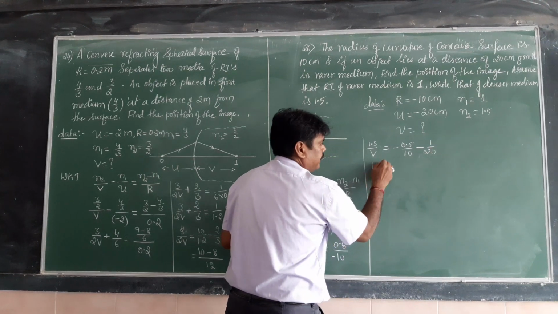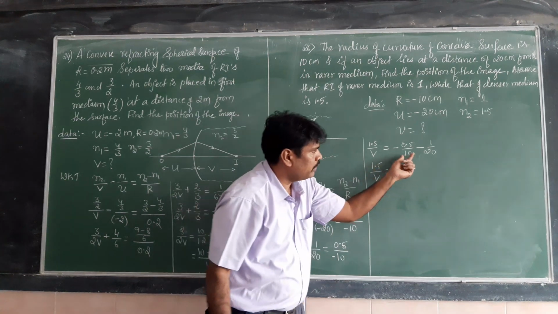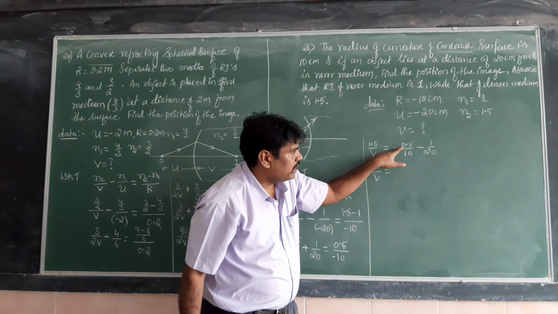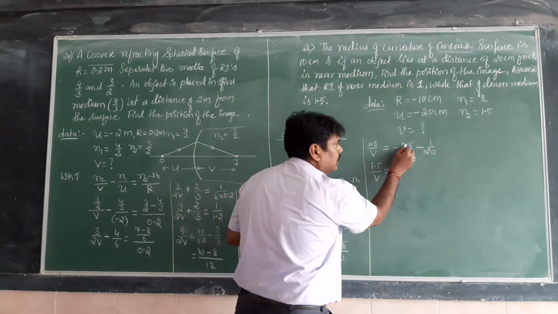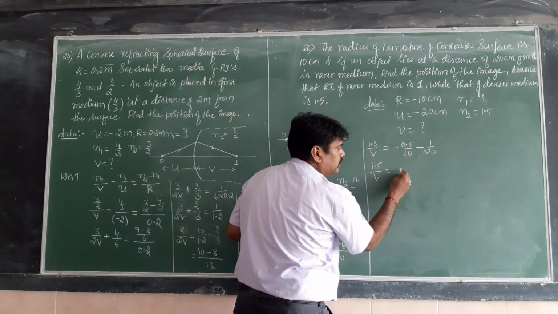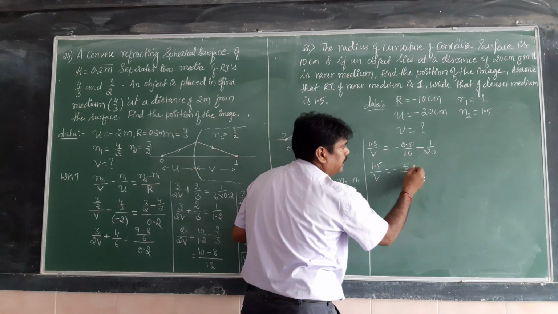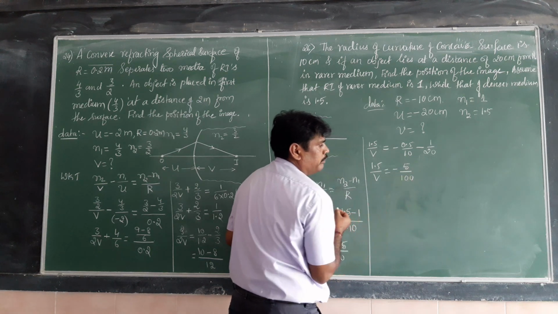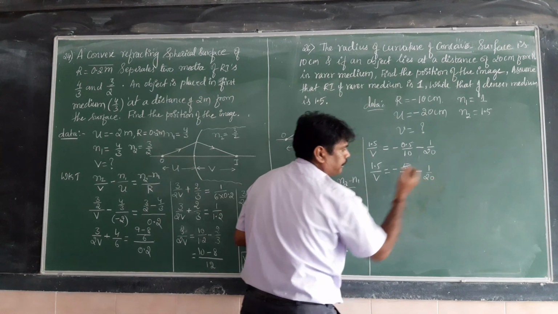So 1.5 divided by v is equal to, for simplification, multiply and divide by 10 in numerator and denominator: minus 5 by 100 minus 1 by 20.